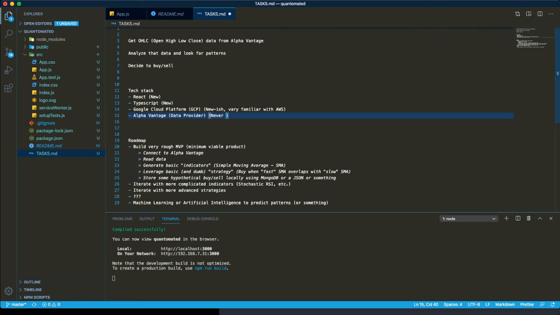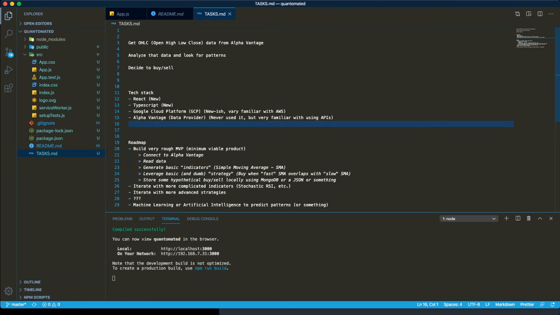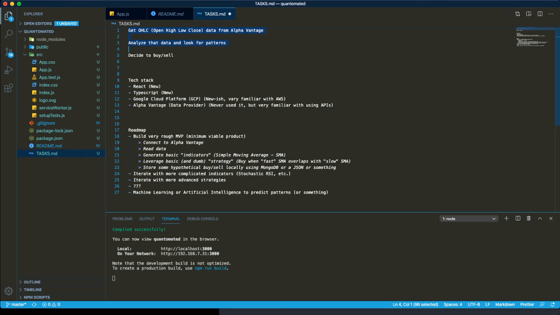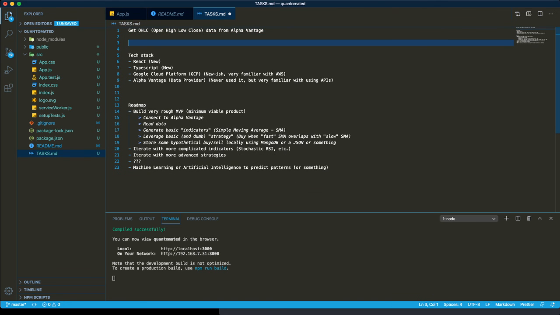And then Alpha Vantage, never used it, but very familiar with using APIs. Although not exactly familiar with using them using React or TypeScript, so that'll be kind of a hurdle. Okay. That's kind of in general what we're going to build here. So we're just going to see how it goes.